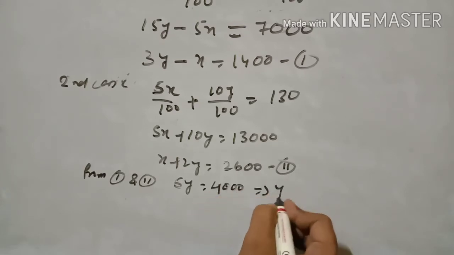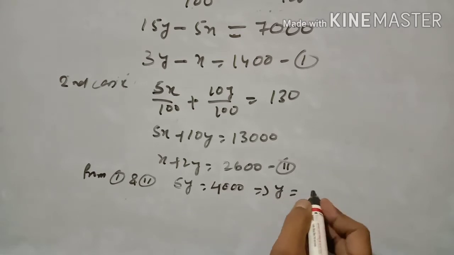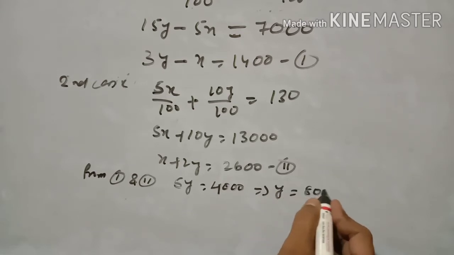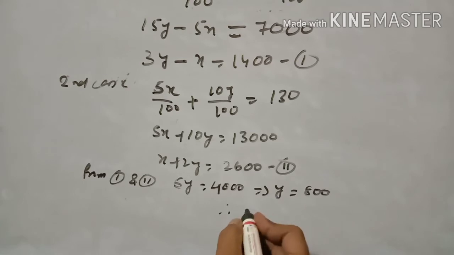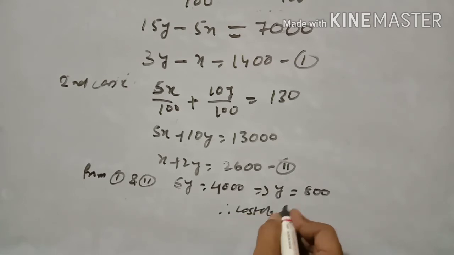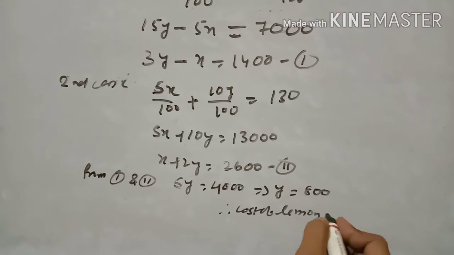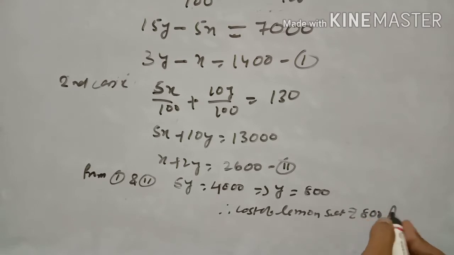Therefore y equal to 800. Therefore the cost of the lemon set equal to rupees 800. This is our required answer.